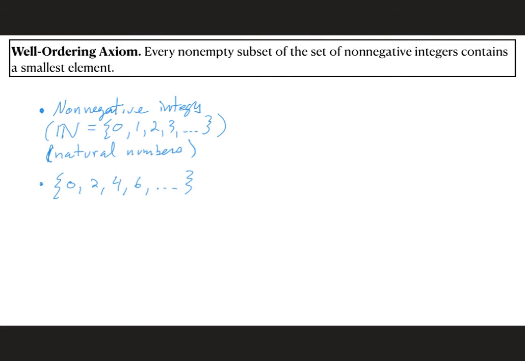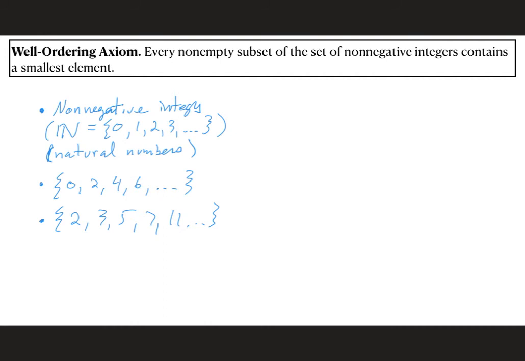And of course it does, it has 0, right? I could take something like the positive primes. I could take 2 and 3, 5, 7, 11, and so forth. And again, that is a non-empty subset of the non-negative integers, so it has a smallest element, in this case 2. All right, so that's the well-ordering axiom.